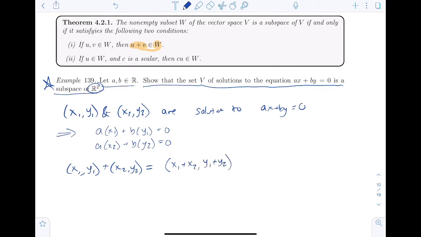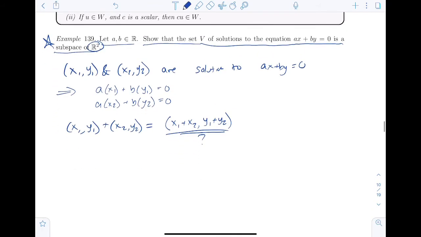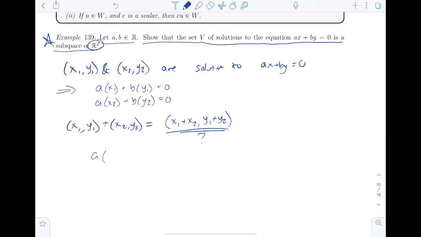So what I want to know now is, is this thing a solution? That's the question. Well, you plug it in and find out. So a times x1 plus x2 plus b times y1 plus y2, this is kind of fun. I know I have a weird sense of fun. So ax1 plus ax2 plus by1 plus by2.